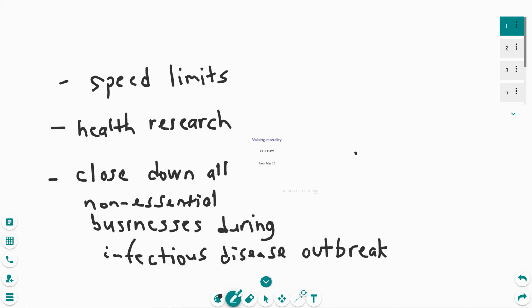These are very mundane kinds of policy decisions, but nevertheless, the government is going to be constantly having to make calls over how it spends its resources for things that are going to affect mortality. And that's why this issue of valuing mortality or valuing mortality risk is especially important.